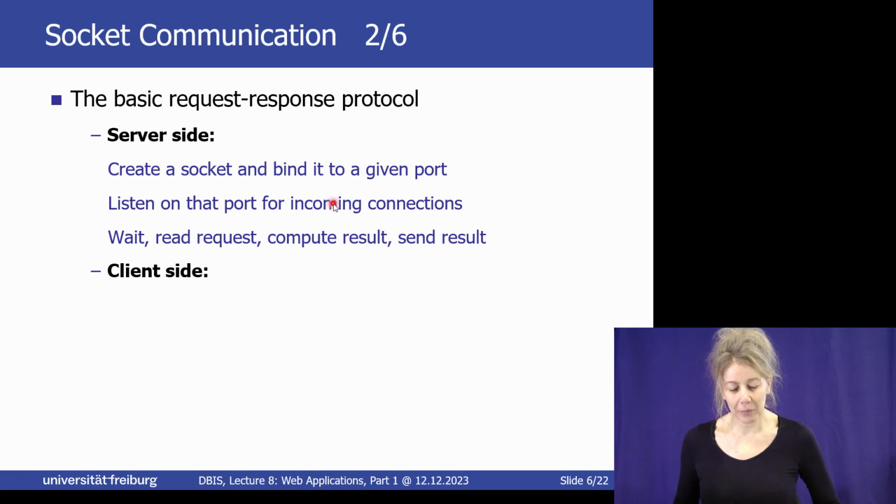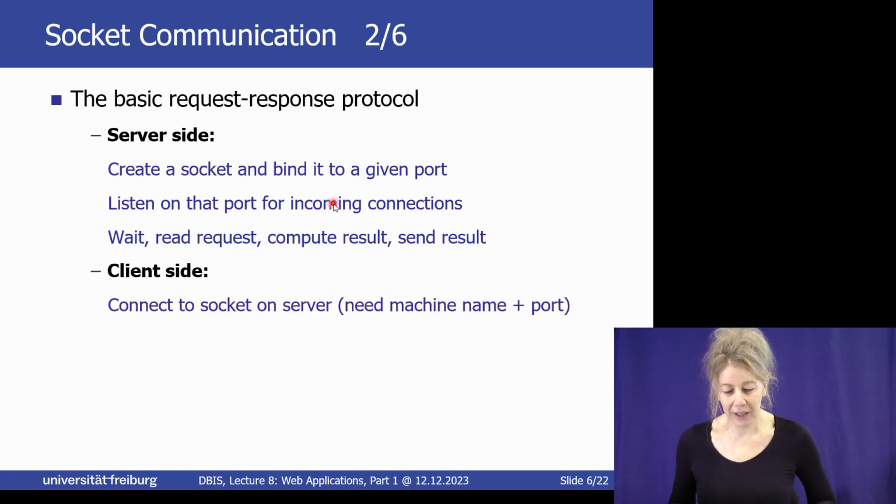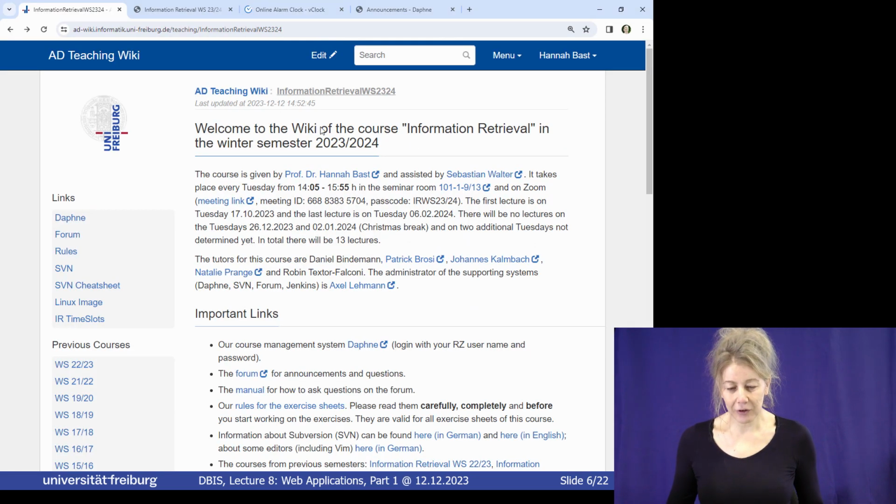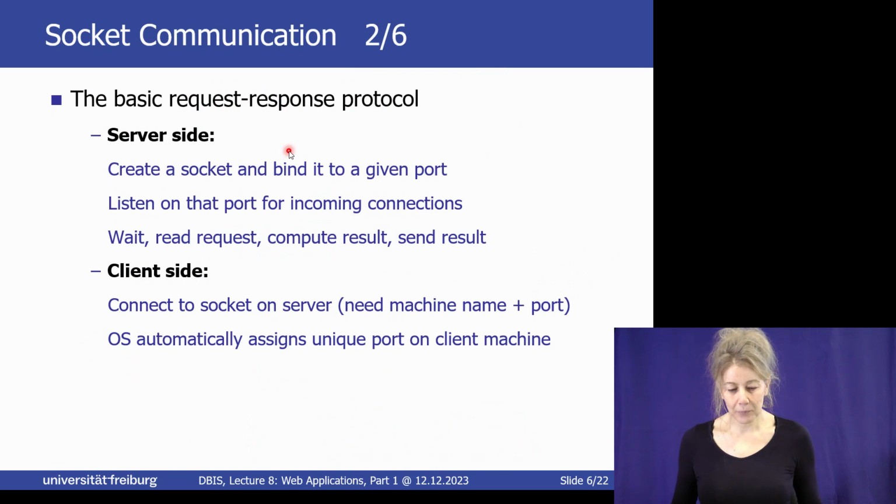You send something back. How does it look like on the client side? Client is, for example, the web server. The web server wants this page from our machine, calls up the machine, needs to know the machine and the port, and then this then gets also a port automatically.